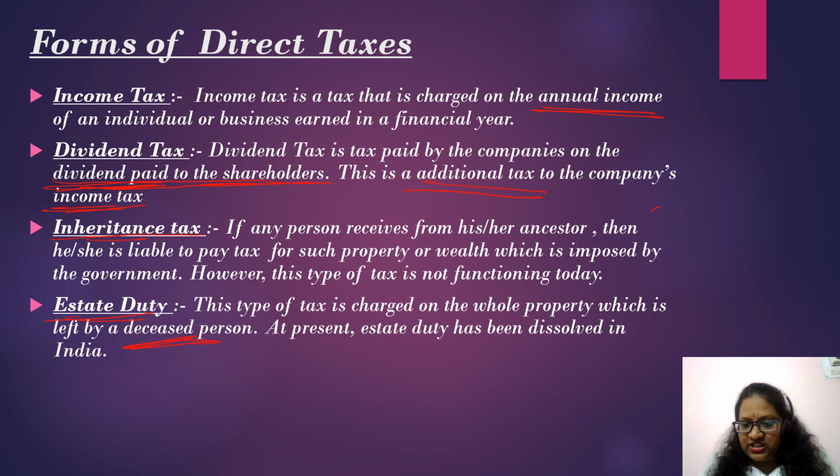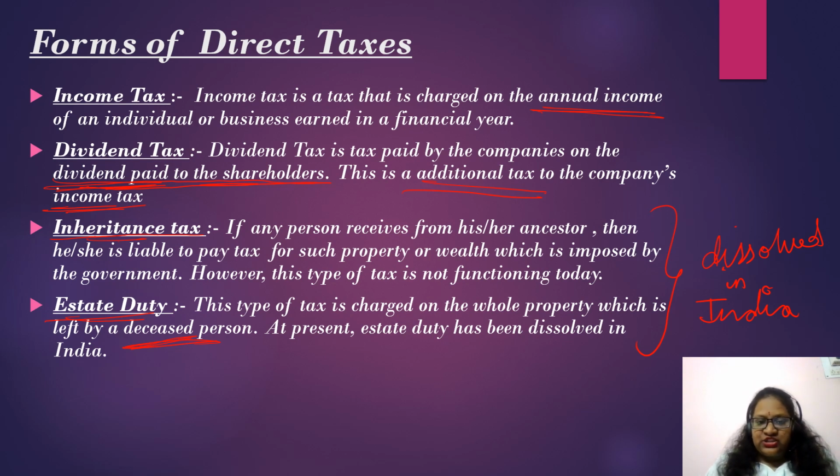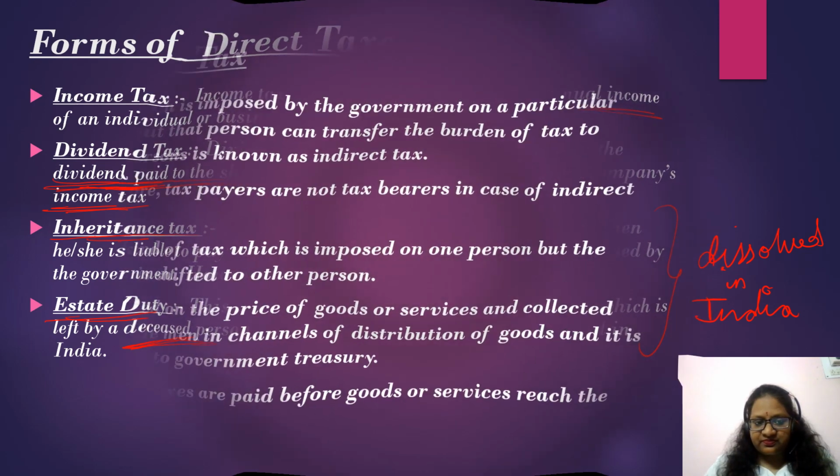These two taxes have been dissolved and they are no more functioning in India. The two taxes which are functioning right now are the income tax and the dividend tax. Dividend tax would come under the professional tax, and income tax is a tax which is charged on the annual income of an individual. So let's see the next one.